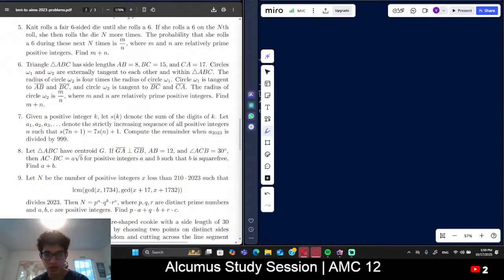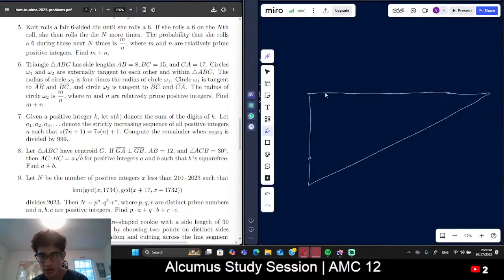So just draw a nice old triangle like this. Try to be a little more realistic with the way I'm drawing it. So this is going to be a small circle, and something like this would be our second circle. Obviously I can't draw it perfectly, but at least let them touch there.